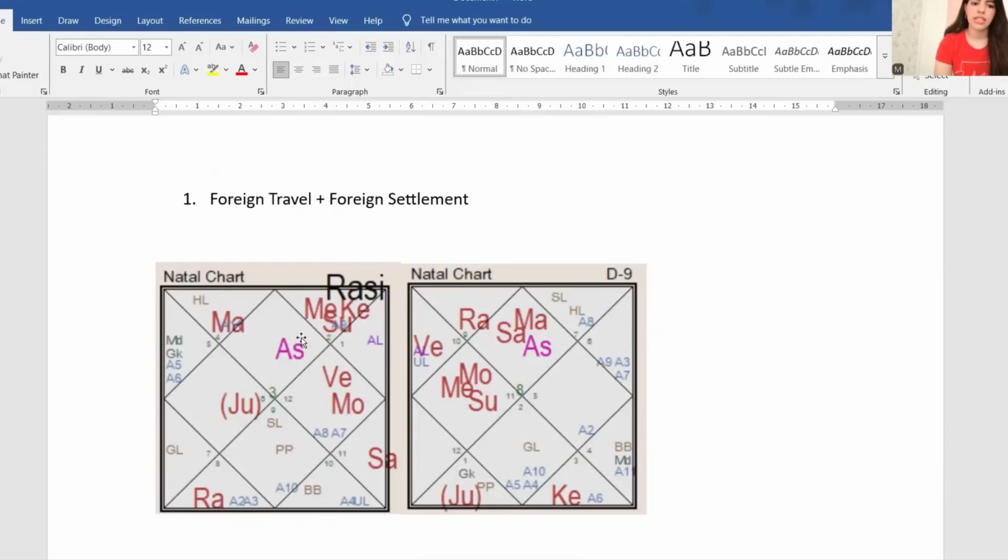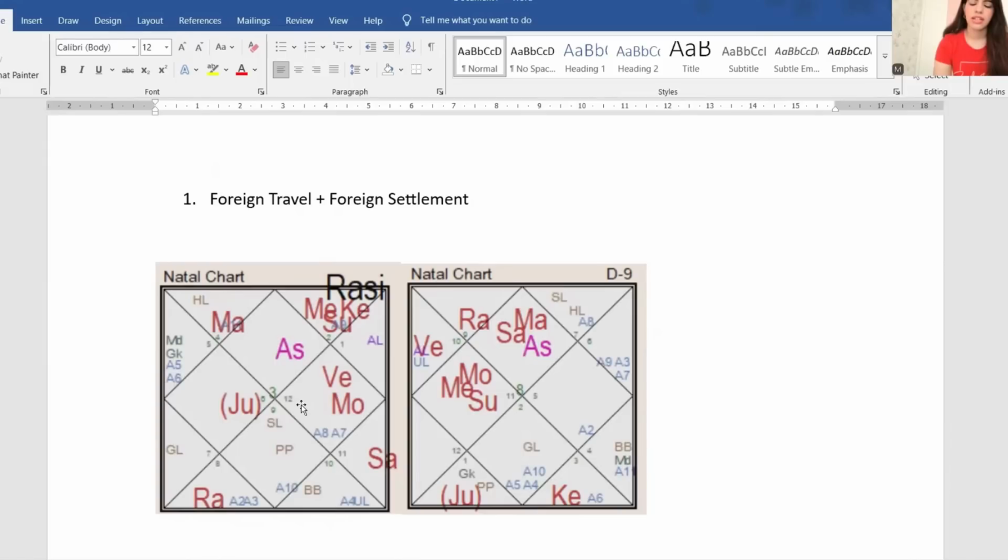Then I also said something about movable signs. And in the movable signs, I forgot to mention one sign that is not movable, but it is the sign of Pisces. So Pisces sign also needs to be paid close attention to, because sometimes in the charts you will observe that some people have settled in foreign countries and they have a cluster of planets in the sign of Pisces, because this is originally the 12th house.